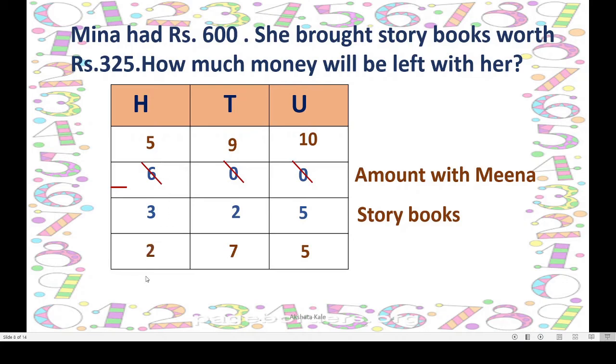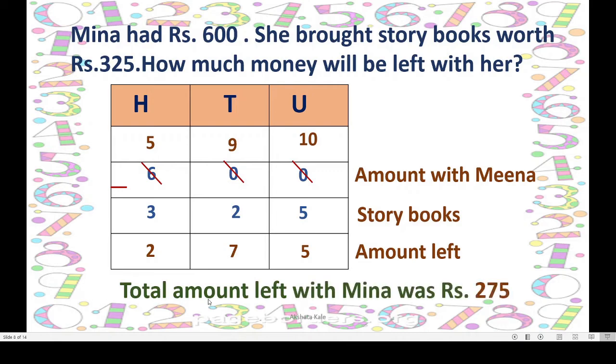Isn't it? Means now Meena has 275 rupees left. Got this? Now we will write the answer like this. Total amount left with Meena was rupees 275. Okay.